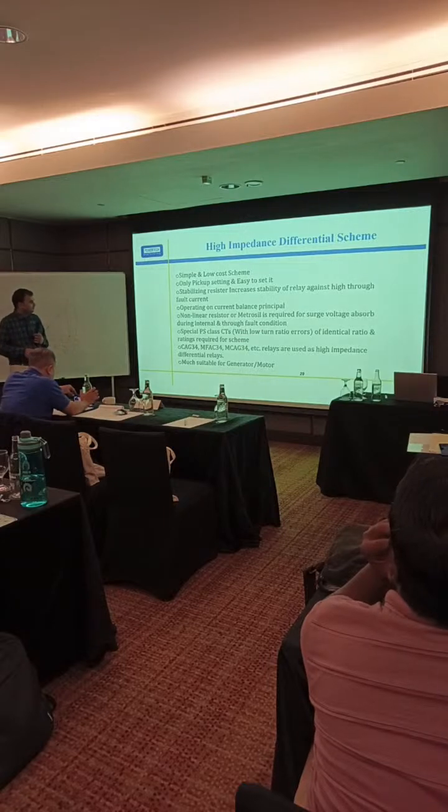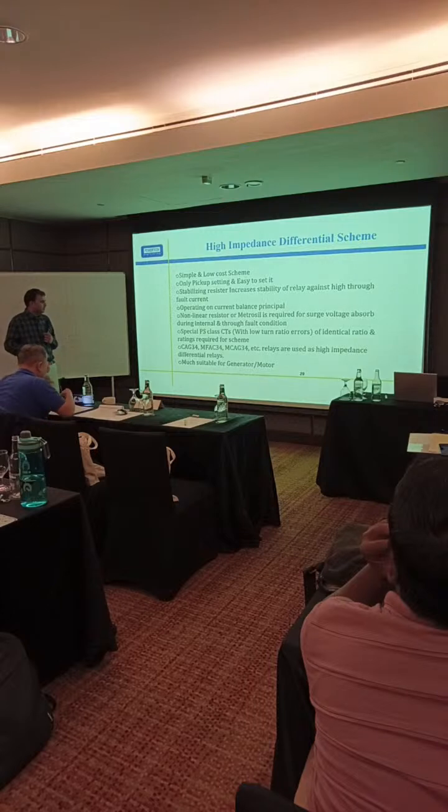It is much more suitable for generator and motor because, due to this NGR, this can also detect the unbalanced current, and the setting is low. So during a cold condition, it may detect easily compared to the low impedance protection.